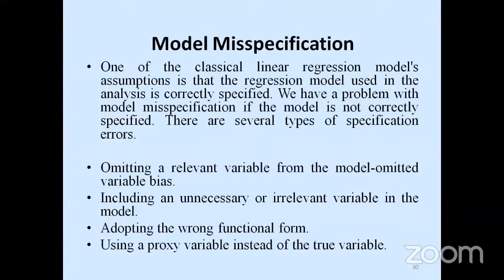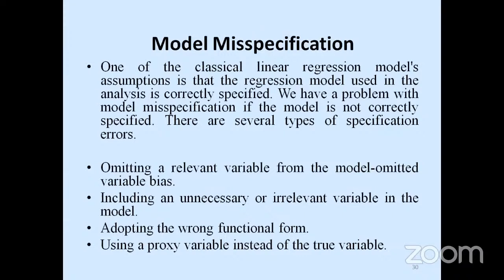Either we need to add the variables which are very much relevant, or we need to add variables which are not contributing to the existing responses. And then functional form is one thing where people generally make mistakes. Functional form means the actual relationship between these responses and explanatory variables, not completely framed in a different aspect.